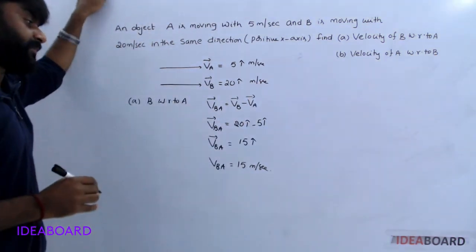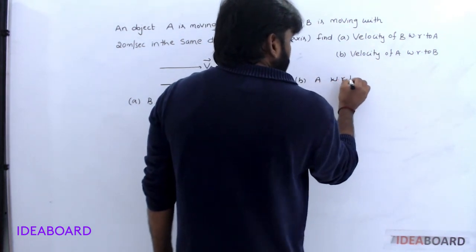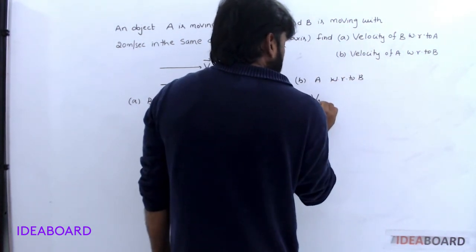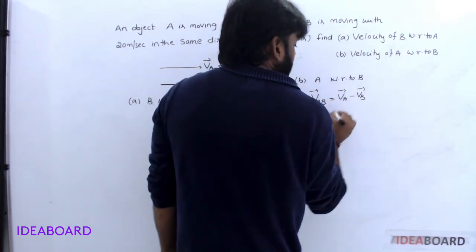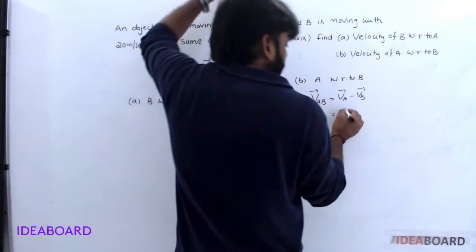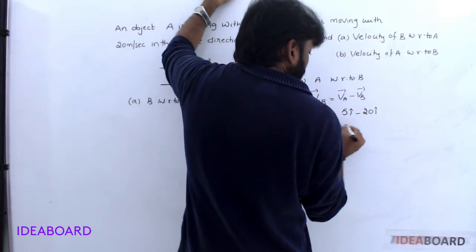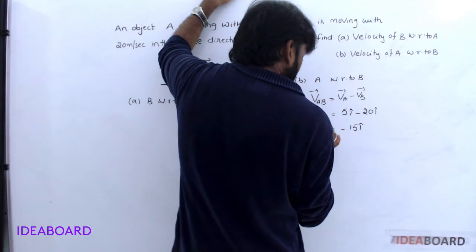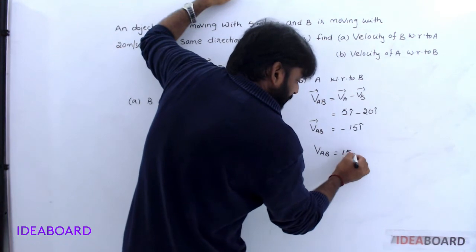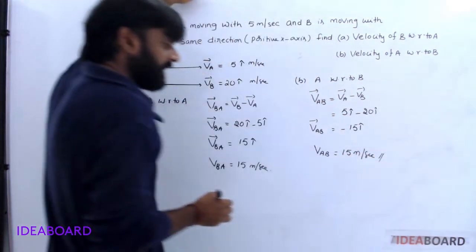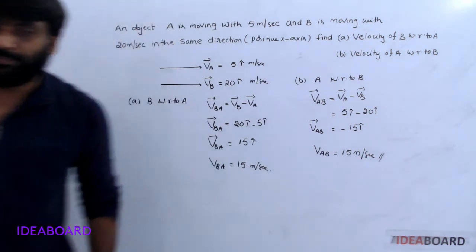It is the first case, B with respect to A. In the second case, A with respect to B means velocity of A minus velocity of B. Velocity of A is 5 i cap minus velocity of B, 20 i cap, which gives minus 15 i cap. A with respect to B: magnitude is same, 15 meter per second. Understood? But directions are opposite. Magnitude is same. Okay.